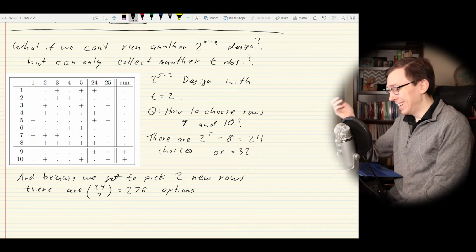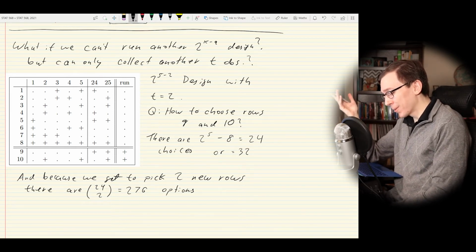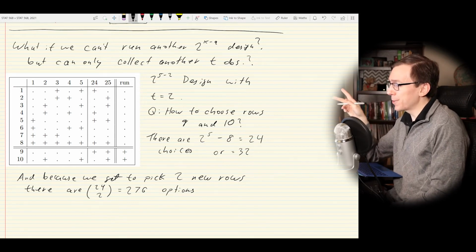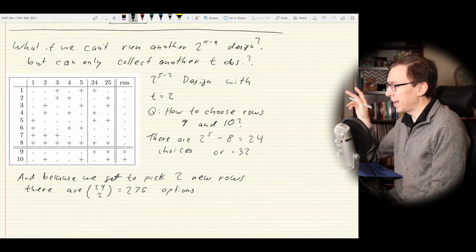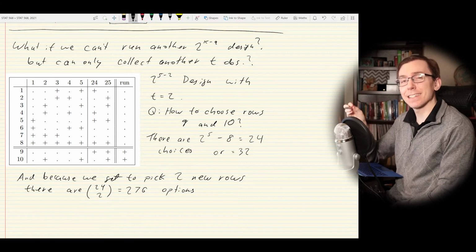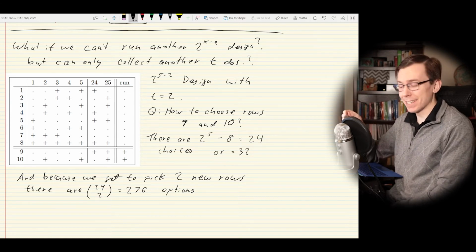So that's a lot. And it makes you wonder, well, how are we going to pick them? So what we do is we try to pick them with respect to some type of optimality criterion. And this gets into the idea of an optimal design.